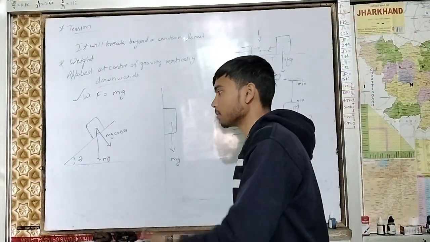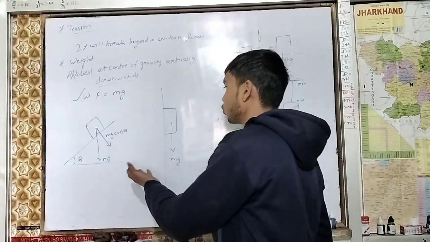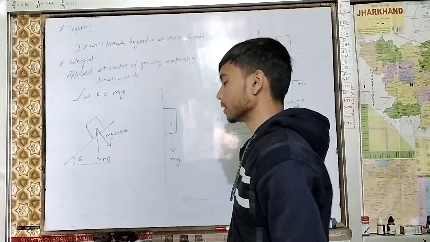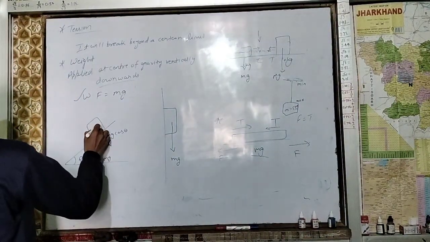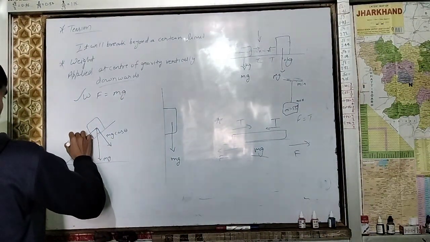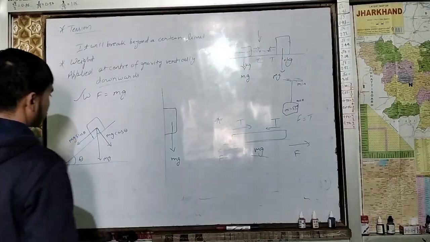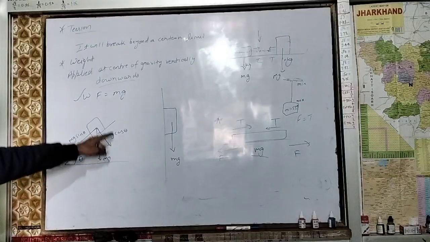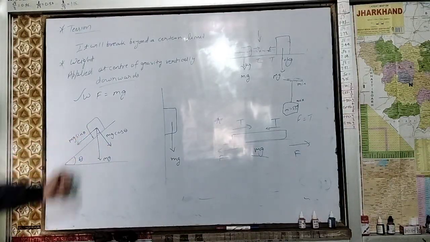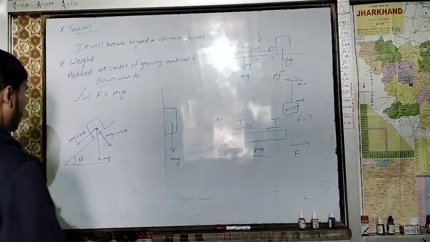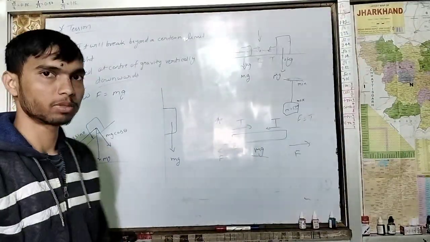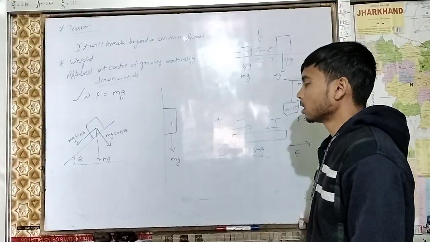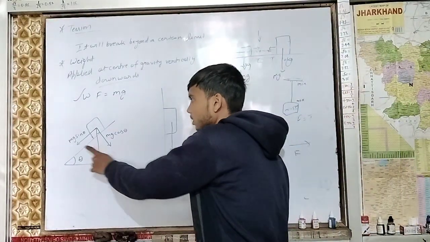The resultant force is mg, so one component is mg cos theta and the other is mg sin theta. Remember, this side is mg sin theta and this is mg cos theta. Here mg is our resultant. Clear?